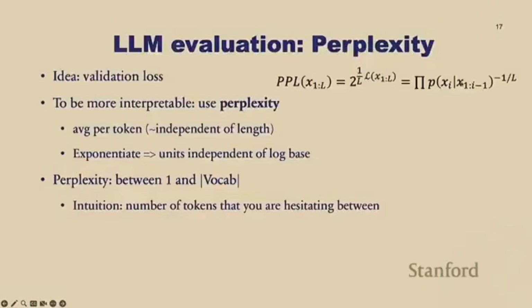If you really have no idea, you predict with 1 divided by the size of the vocabulary, and with simple math you get a perplexity equal to the vocabulary size. So the intuition of perplexity is the number of tokens your model is hesitating between. If your model is perfect, it doesn't hesitate and knows exactly the word. If it has no idea, it hesitates between the whole vocabulary.